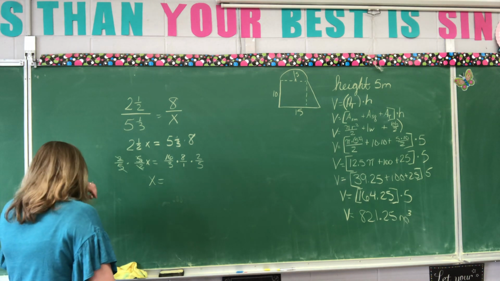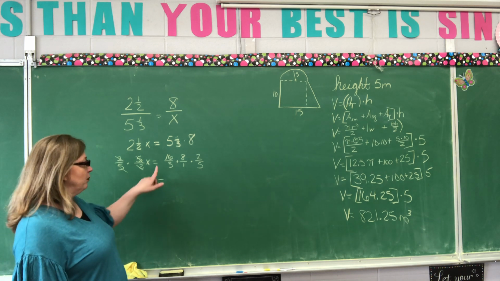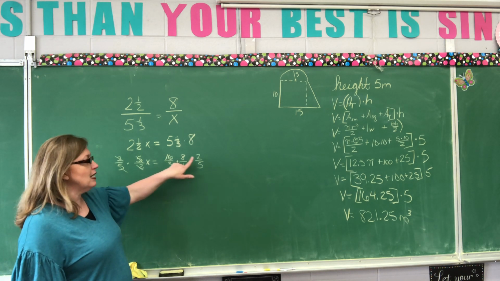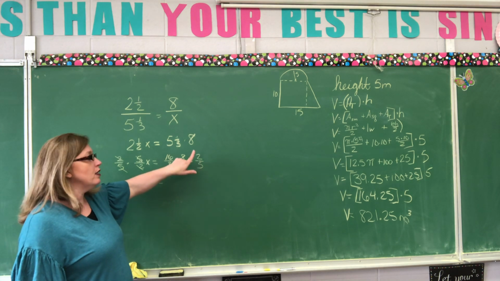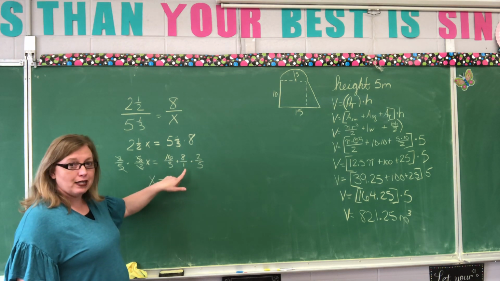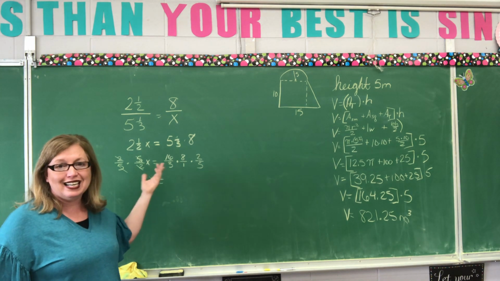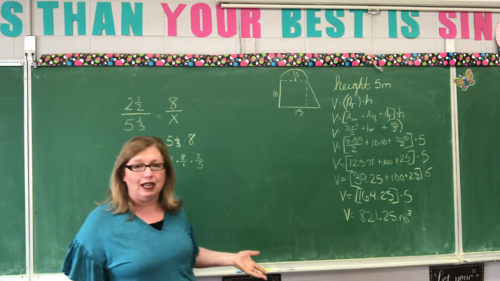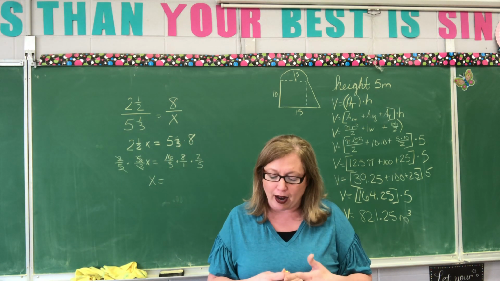Okay, so we need to multiply. I can say 16 times 2 is 32, and then 32 times 8. Do I have to do that? No, I could say 8 times 2 is 16 and 16 times 16. They're multiplications, so I can do them in any order that I want.